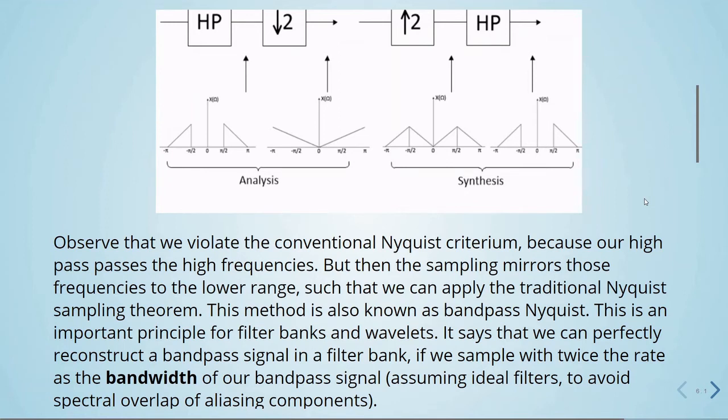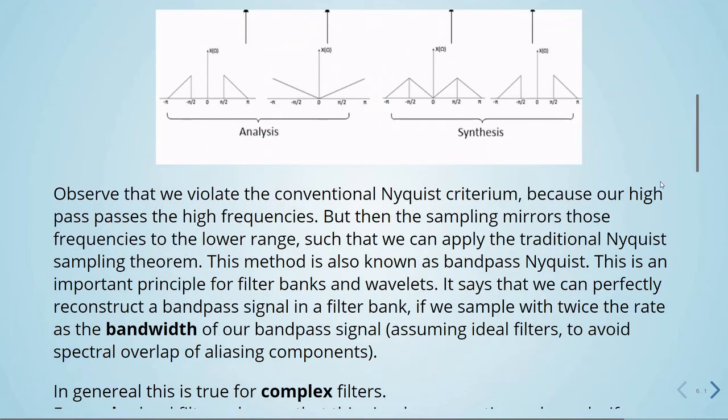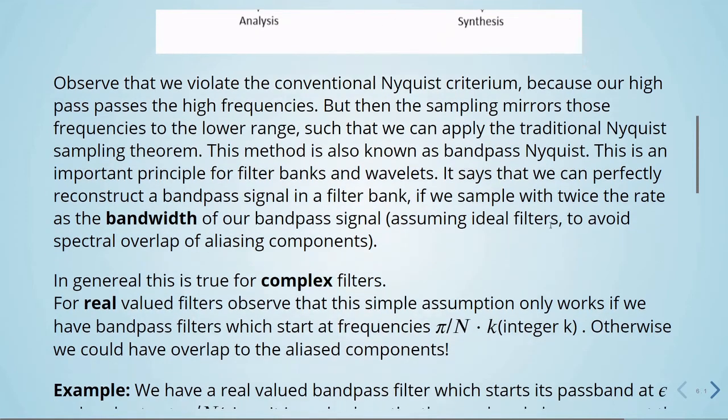The band-pass Nyquist is an important principle for filter banks and wavelets. It says that we can perfectly reconstruct a band-pass signal in a filter bank if we sample with twice the rate of the bandwidth of our band-pass signal, assuming we have ideal filters to avoid spectral overlap of the aliasing components.